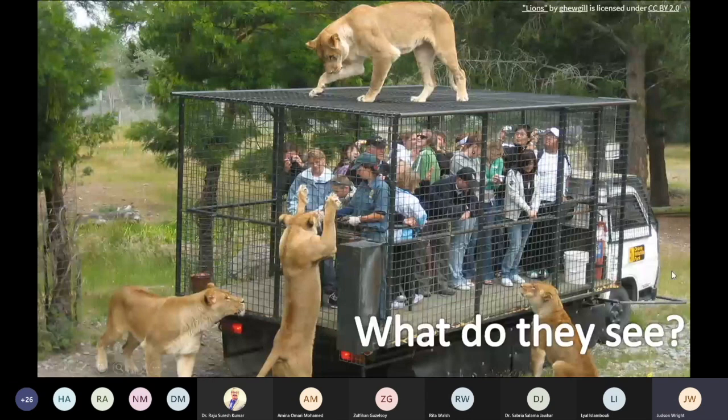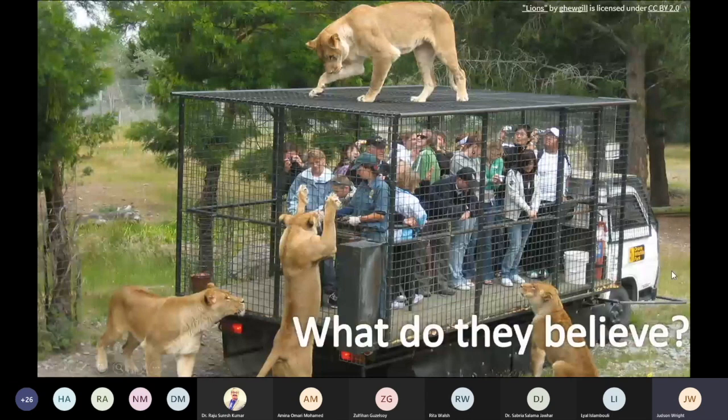The next step we go into is, what do they believe? So for this woman, we do not know her, but what does she think in the world? Based on this picture, what are some of her beliefs, the things that she is confident in, the things she knows?